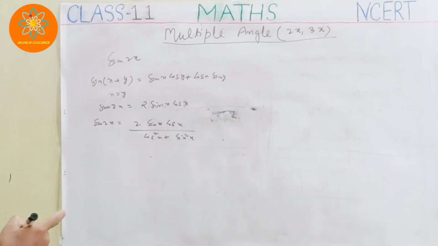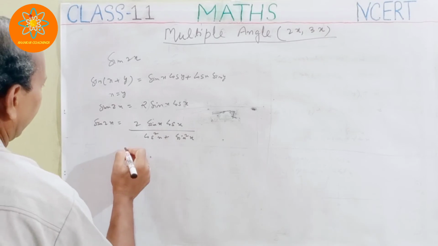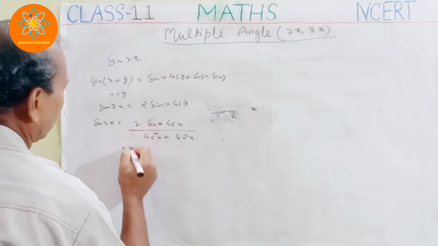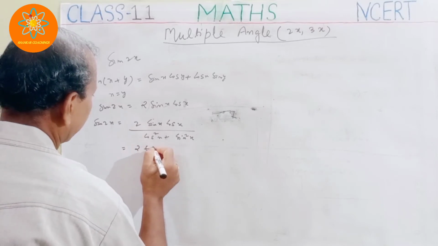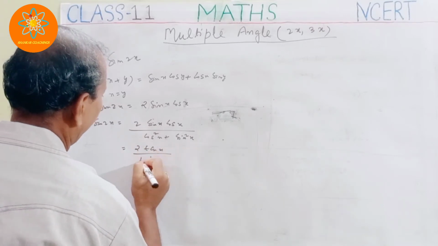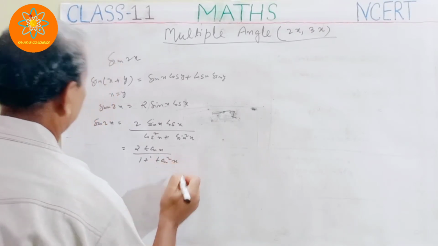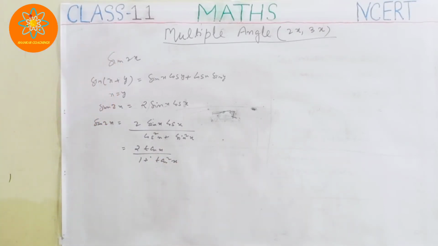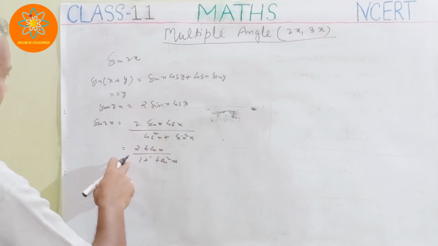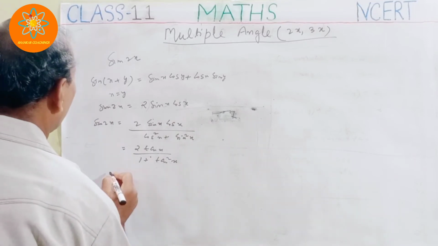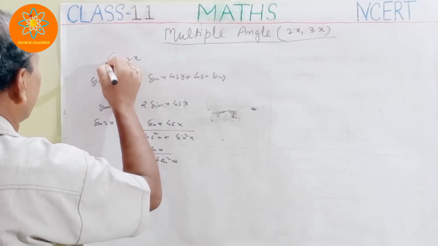Now I divide it by cos square x. Then this is also equal to 2 tan x divided by 1 plus tan square x. So this is the formula for sine 2x. You can take 2 sine x cos x or you can take 2 tan x over 1 plus tan square x. Now this is for the sine 2x.